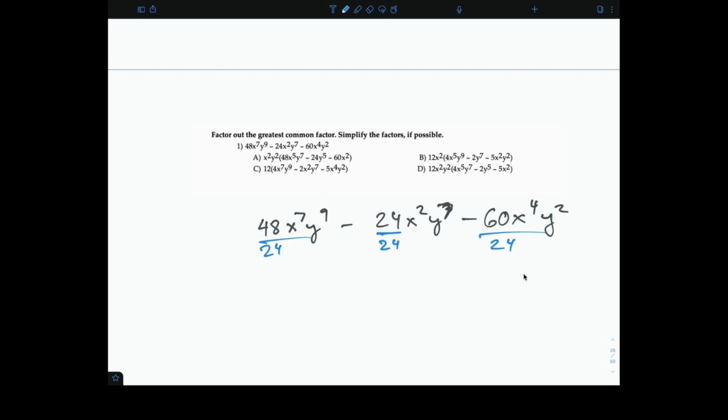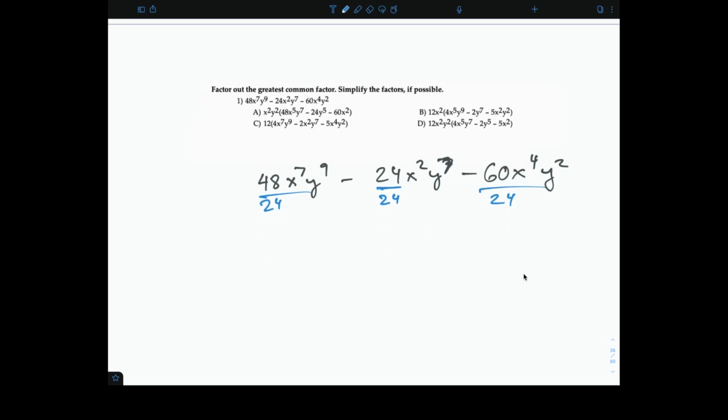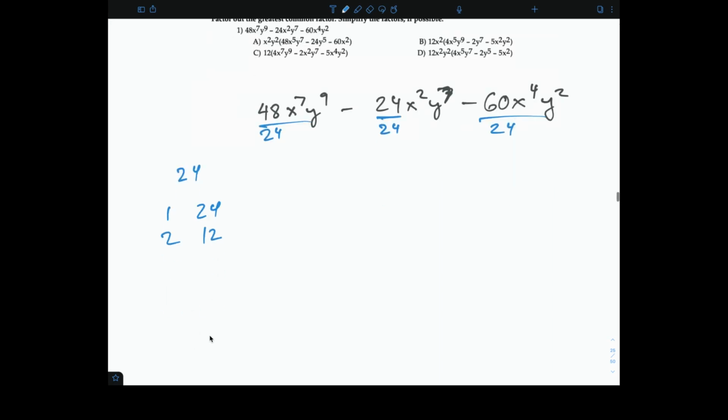Now, we're looking for the next one, and there's a couple ways of doing this. One, if 24 doesn't work, then we can list the factors of 24, which was 1 and 24, 2 and 12, 3 and 8, 4 and 6, and that's it. And so then you take the next biggest one, which is 12.